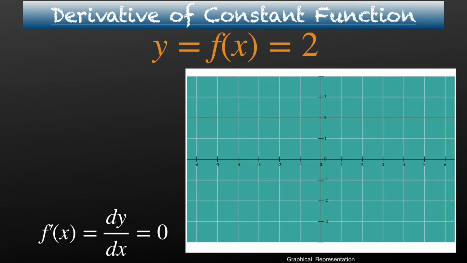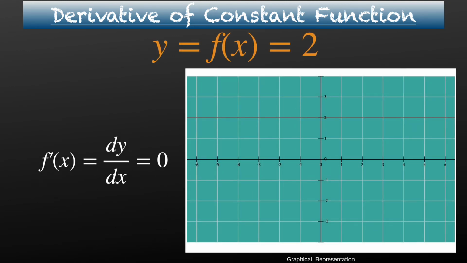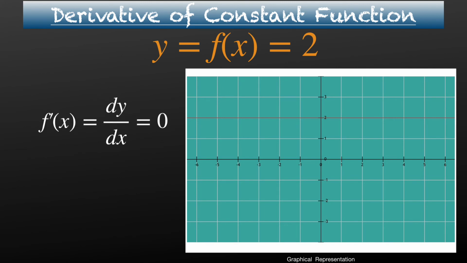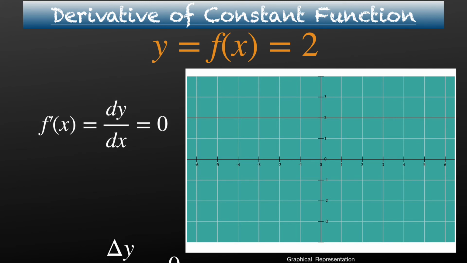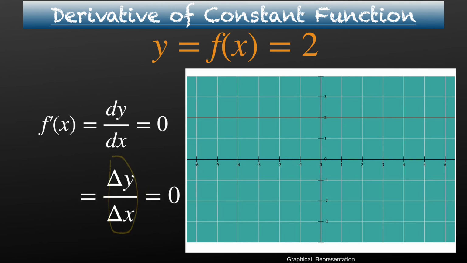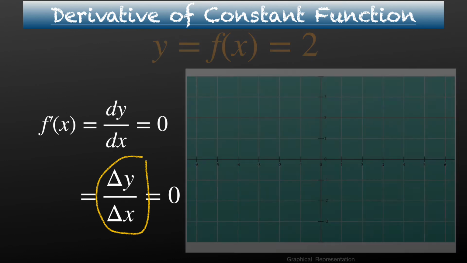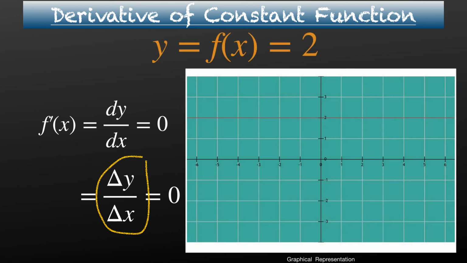Derivative is basically the slope of the tangent line. In my function, the slope of a tangent line, which is the derivative, is actually a rise over a run. So here there is no rise, no run because it's a horizontal line. So we say that in this case the slope is 0.